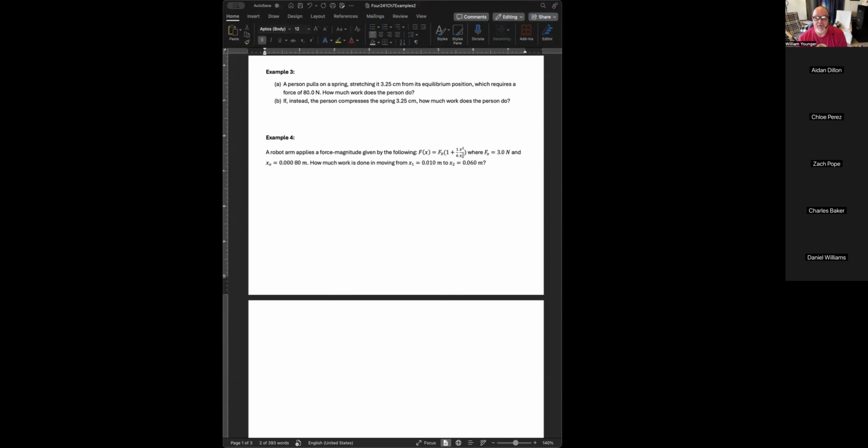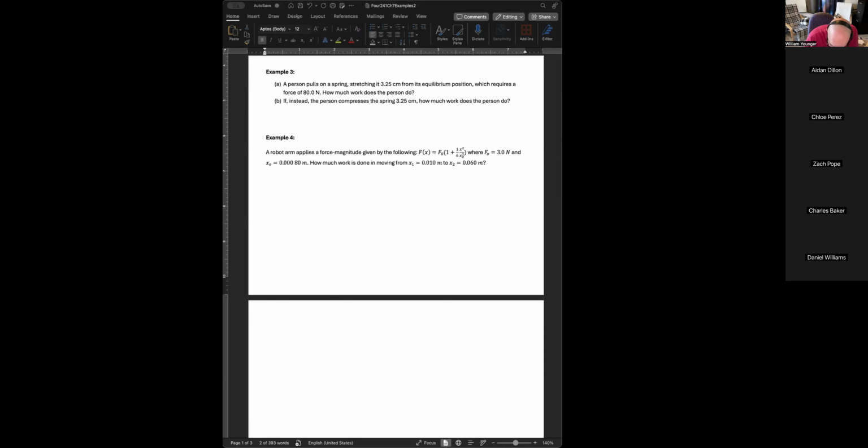So all we have to do with this one is obviously we're just moving it along the x direction. The dot product's not even relevant here because the vector is completely in the x direction, so we don't have to worry about cosines. All we're doing is the integral of f times dx, from x equals x1 to x equals x2. So work is equal to the integral of f dot dl.